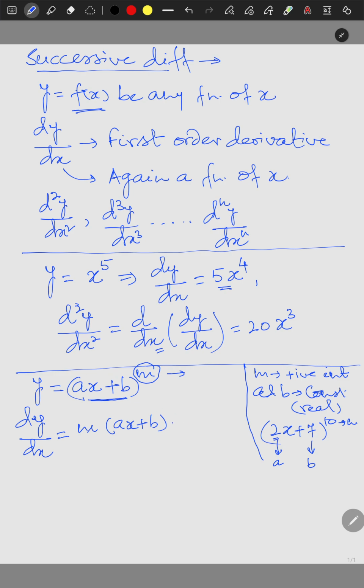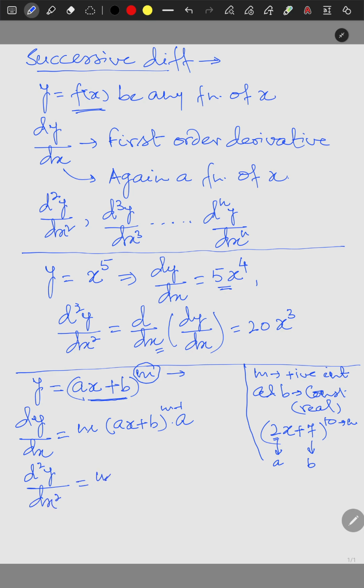Since b is a constant, its derivative with respect to x is 0, and the derivative of ax + b is a. Now we find d2y over dx square.